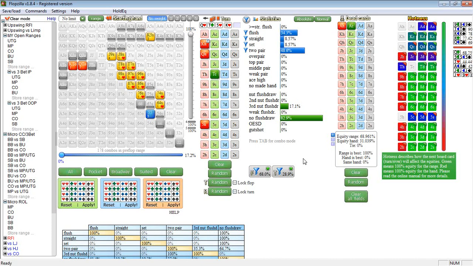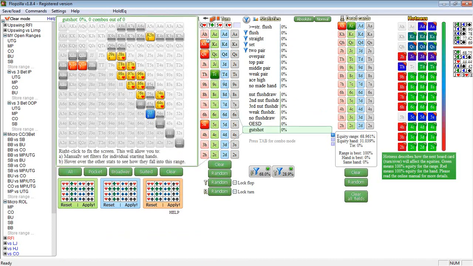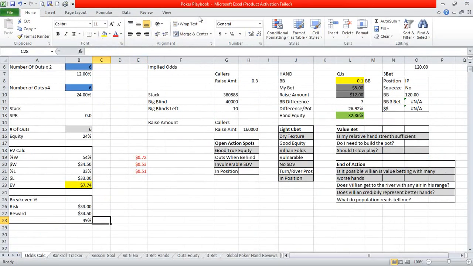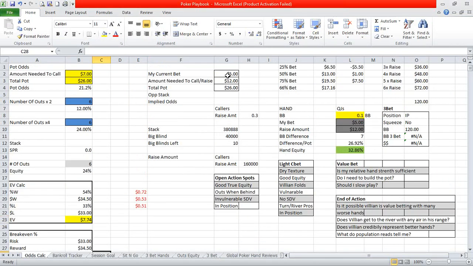All right. Let's just say this is the scenario. I'm just going to use the scenario I just used.